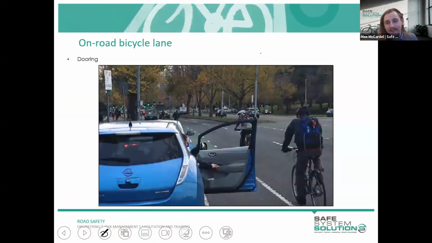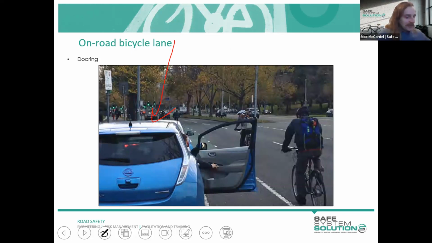Dooring. That is the answer I was actually looking for in the previous photo, and it is a significant risk to cyclists, both from an individual risk perspective, like when people say, how come you don't cycle, or what routes do you avoid? Lots and lots of times you will hear the comment of, I don't want to be doored, I don't want to get near car doors.